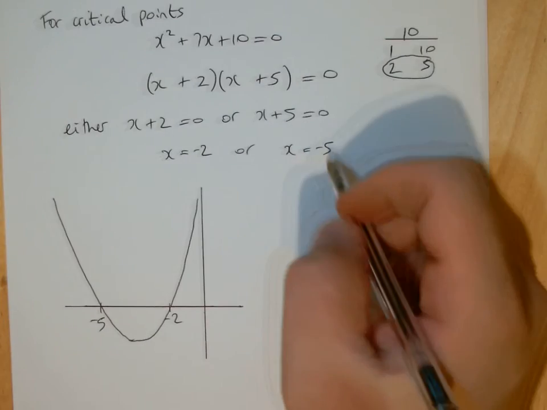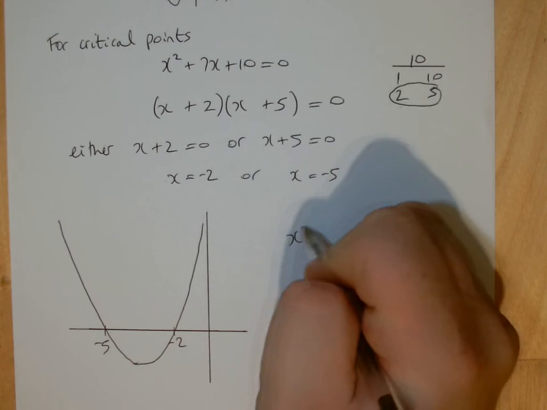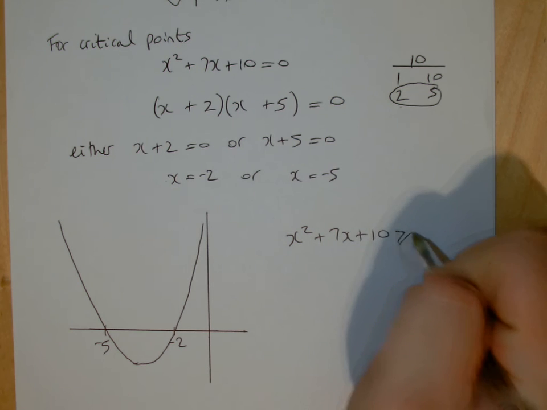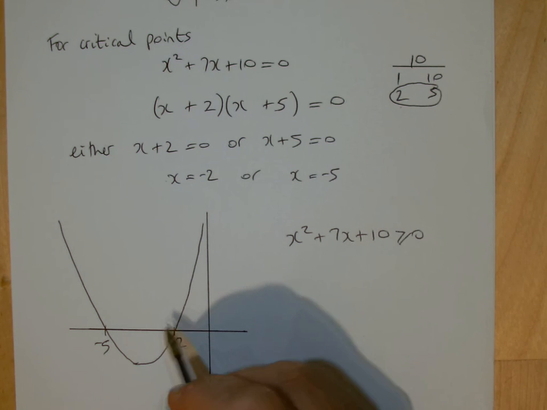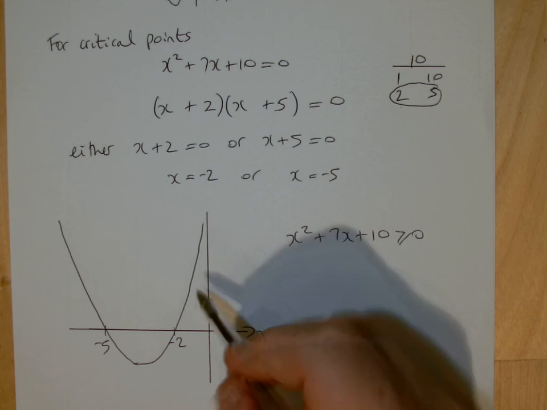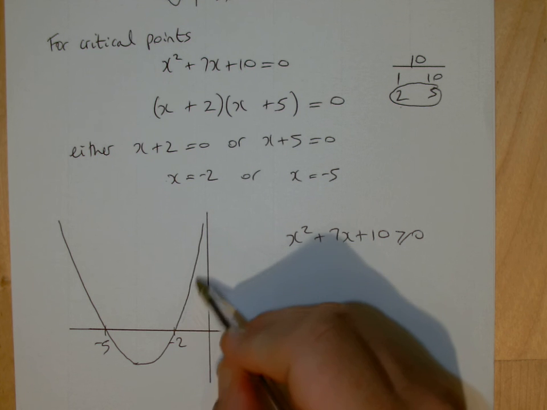Let's think back to our inequality. Remember, we want to solve this. We're interested in when the curve is positive or 0, but essentially above the x-axis. So it's this section of the curve here that's going to be positive.